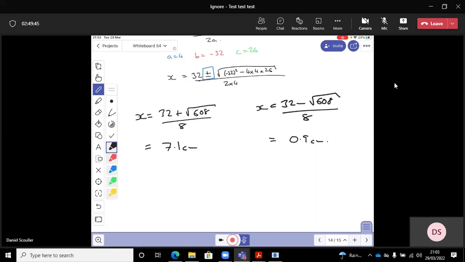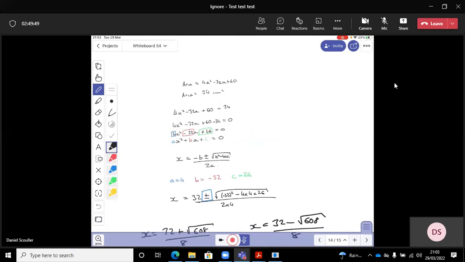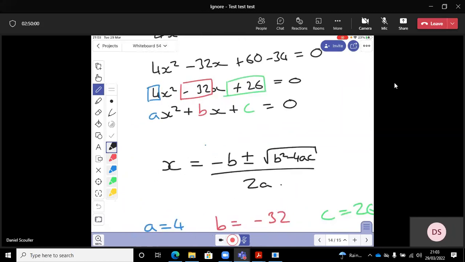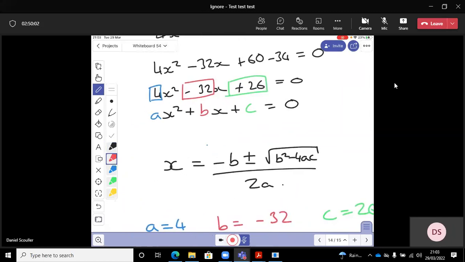Don't think many people did that, i.e. do the quadratic. Okay, as soon as you see a quadratic and it's asking us for decimal places, quadratic formula. So anything in the form ax squared plus bx plus c, we're using the quadratic.